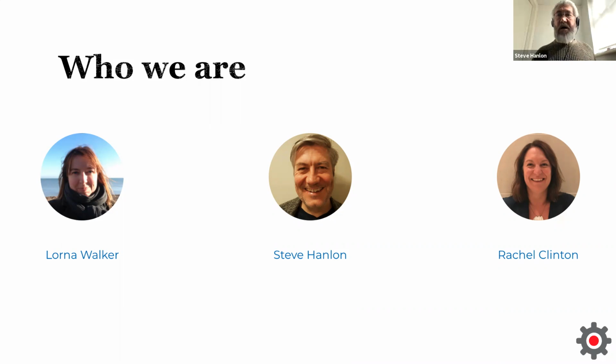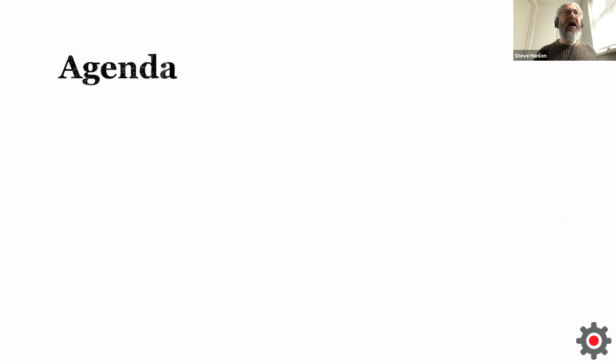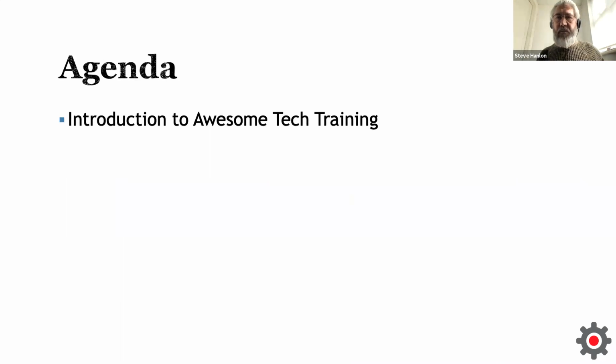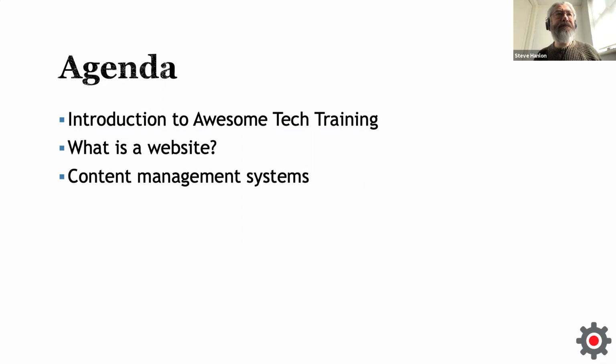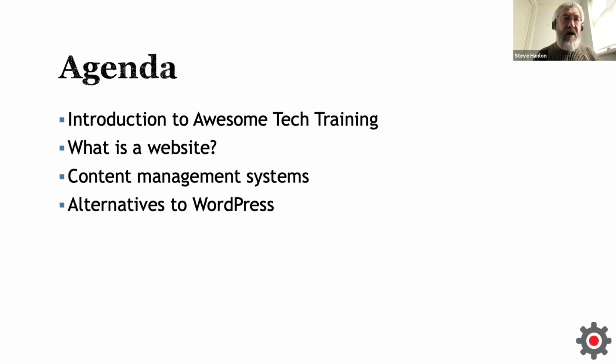Thanks, Rachel. Right, okay, well, hello everyone. So today we're going to look at WordPress, a bit of an introduction, and also why you might choose to run your website on it. So first of all, I'll just introduce you to ourselves, and then we'll have a look at what things make up a website, content management systems and why we might use those in order to manage our sites, and also alternatives that are out there.